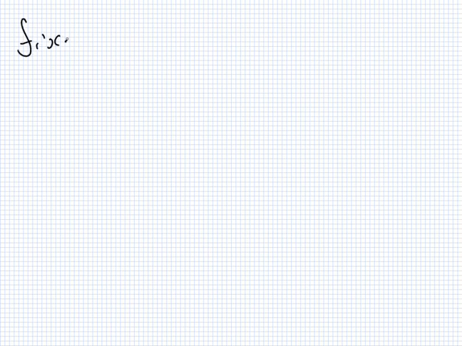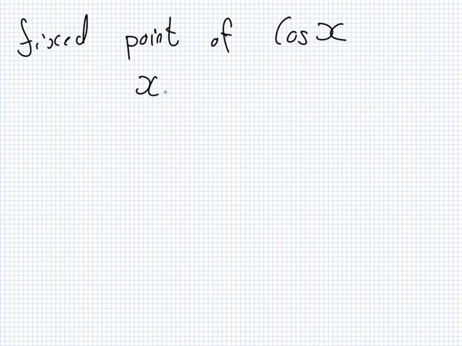What is the fixed point? I think let's do cos first. So let's pick a number to guess to start with. Let's start with 0. Is cos 0 equal to 0? No, cos 0 is 1. The formula says the next value is just f of the value you're guessing.